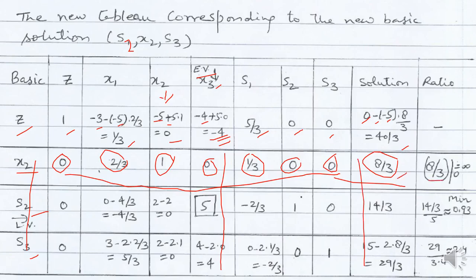So 8 upon 3 upon 0 gives us infinity. Then 14 upon 3 divided by 5 is 0.93. Then 4 is the pivot column element, so 29 upon 3 upon 4 gives us 29 upon 12, not 7.4.